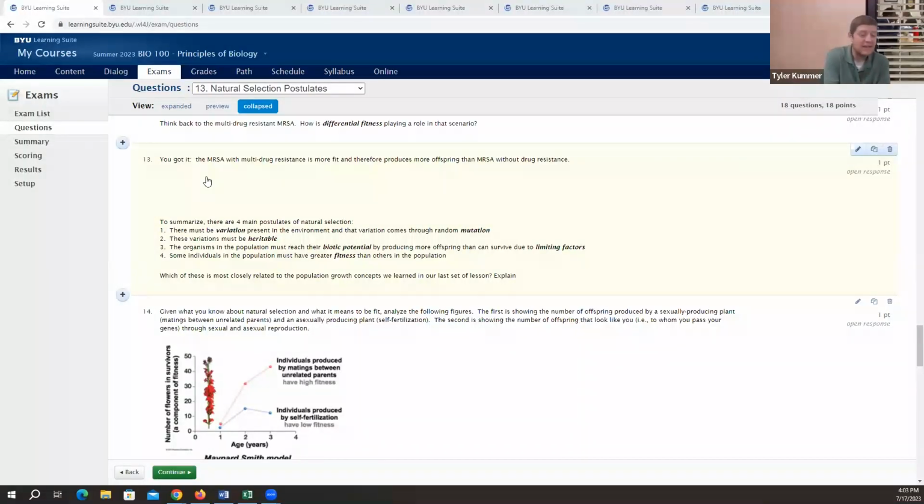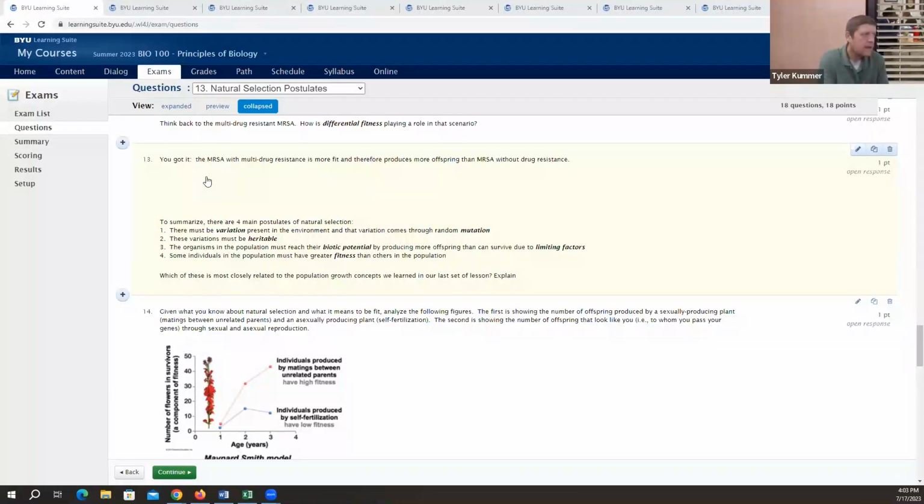We get differences in who lives and who dies, but those differences don't get passed on to offspring. And so we don't get a shift in the population. The idea is that the next generation will be more like those variants that are best able to deal with the limiting factors. So we have to have differences, and those differences must be heritable, must be able to be passed on.